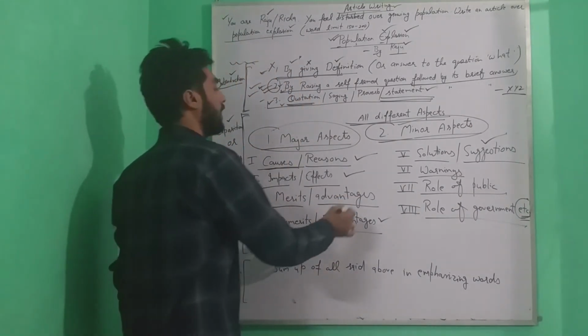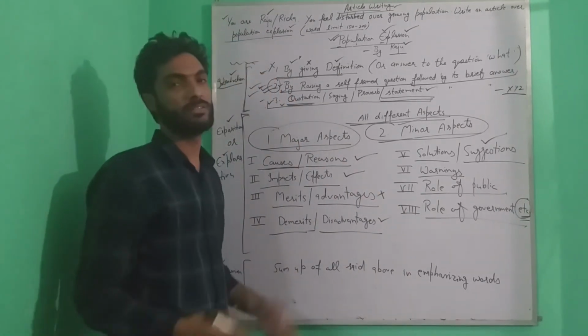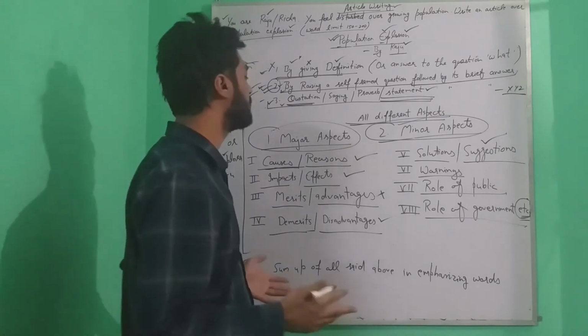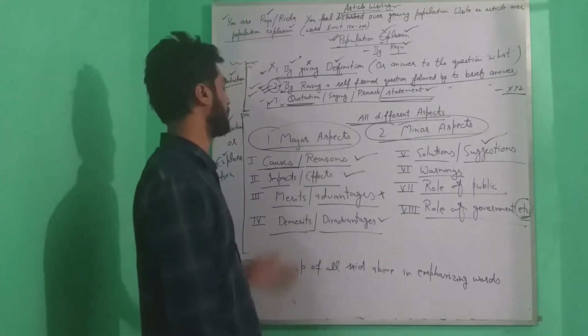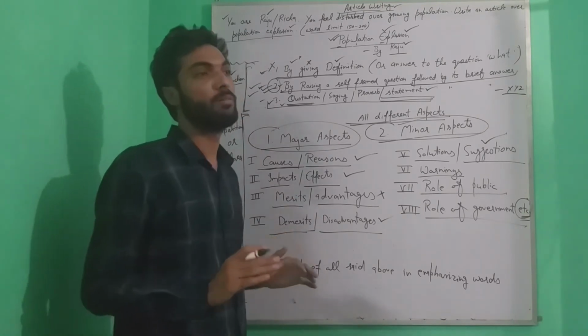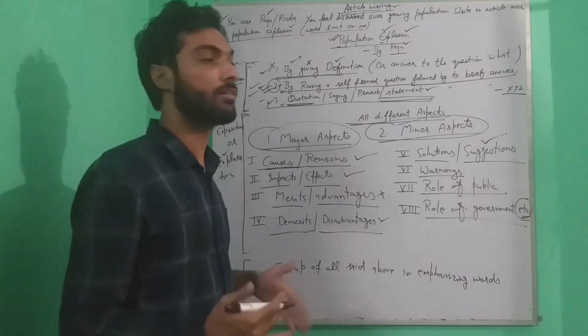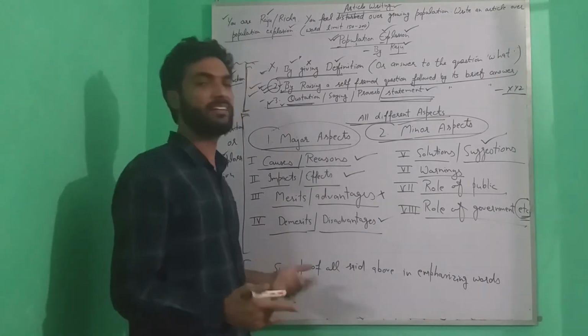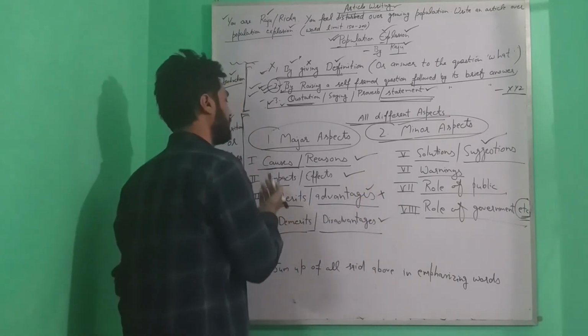And ultimately, population explosion has no merit at all. Still, we can give some radical view of people that population explosion or more children are helpful in the growth of business. Such a radical view we can write in merit.